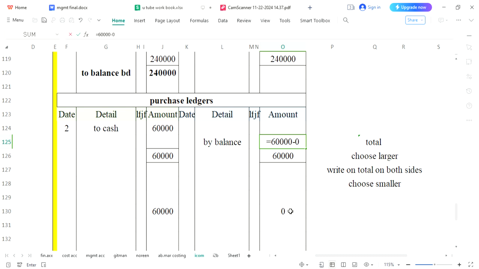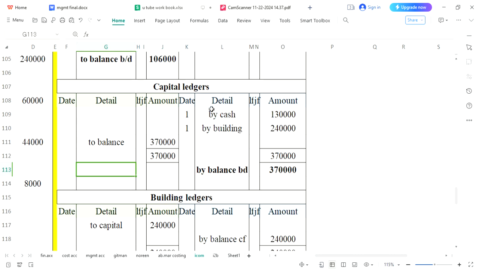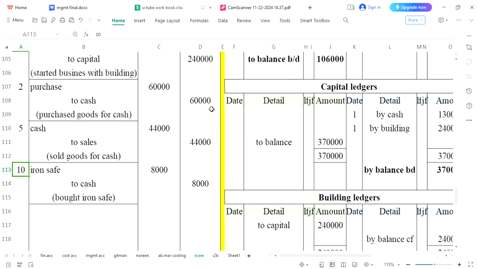So in this way, our balance has been calculated. The last step is to bring this balance downward. Since you have brought this balance to the opposite side, you will write 'To balance brought down'. This is our answer for which ledger? The purchase ledger. So let's come over here. We have completed the purchase ledger.